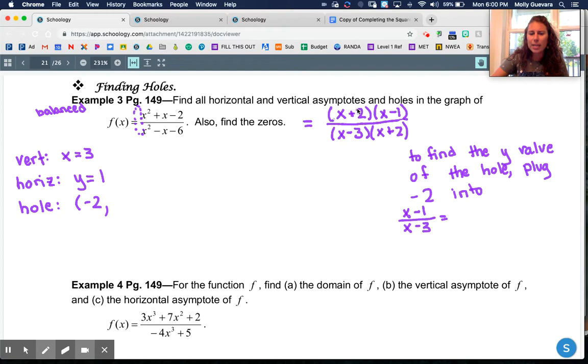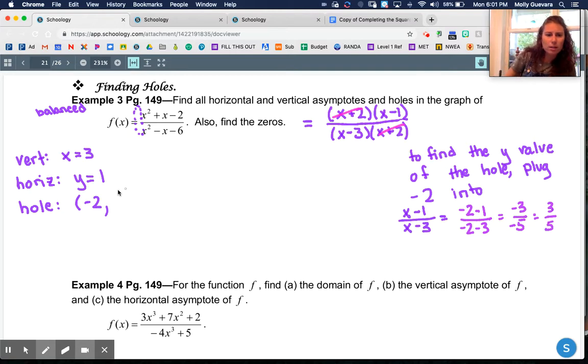Remember, I'm not plugging it into what created the hole. So these guys created the hole, so I'm not going to look at that when I'm solving. So then I get negative 2 minus 1 over negative 2 minus 3. I get negative 3 over negative 5, which is just positive 3 over 5. So the hole is at negative 2, 3/5.